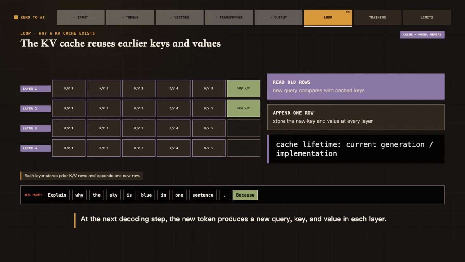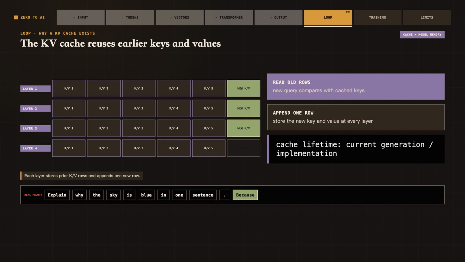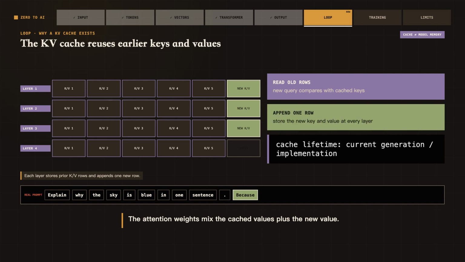At the next decoding step, the new token produces a new query, key, and value in each layer. Its query compares with the cached keys from earlier positions plus the new key. The attention weights mix the cached values plus the new value. The engine then appends the new key and value to the cache.